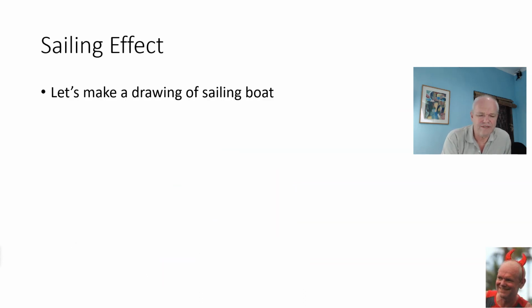So now we have to discuss the so-called sailing effect that later on will become very important. It is called the sailing effect because it's related to a sailing boat. I don't know if you ever thought about how it is with a sailing boat at the shore.